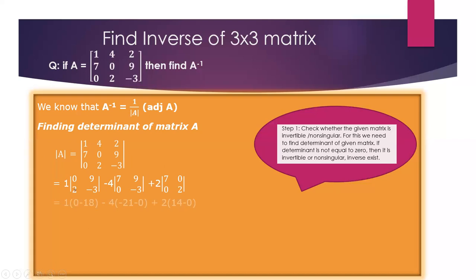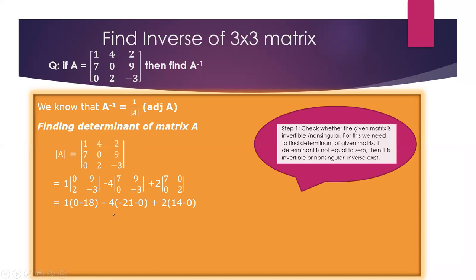Now just calculate it. 1 will be multiplied by 0 minus 3 is 0, minus 9 times 2 is 18, minus 4 times 7 times minus 3 is minus 21, and then 9 times 0 is 0. Then plus 2 times 7 times 2 is 14, and minus 0 is 0.